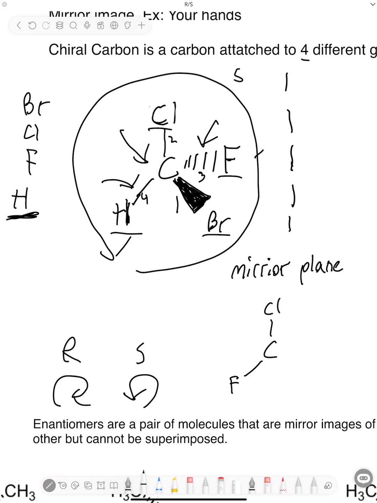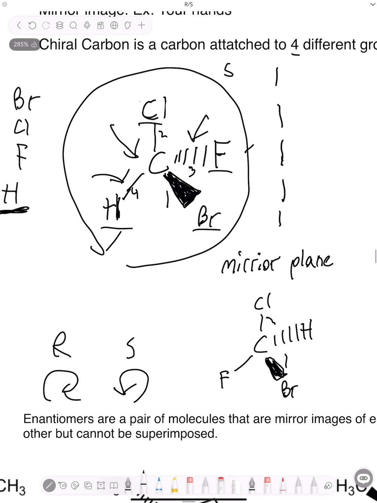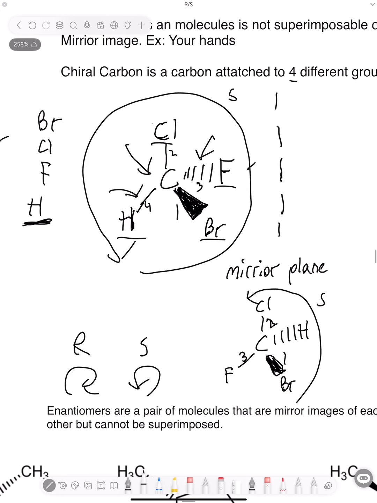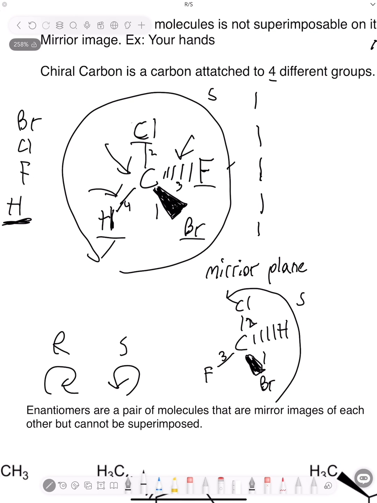So if you were to imagine rotating it, it would look like this. Now, if we were to do the priority of this, it would be an S, because it's just rotating it. You're not actually swapping anything. You just want to rotate the molecule to where the lowest priority is on the dash.